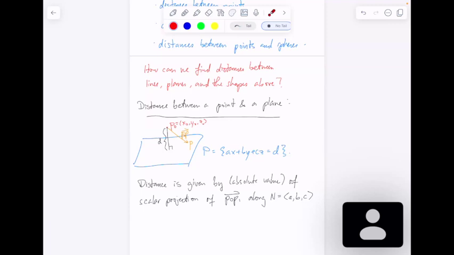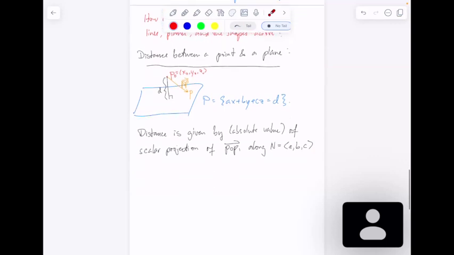Now, in general, ABC is not a unit vector, so you've got to normalize it. So you have to do P0P dotted with ABC over the square root of A squared plus B squared plus C squared, and that's precisely the scalar projection of P0P, right?